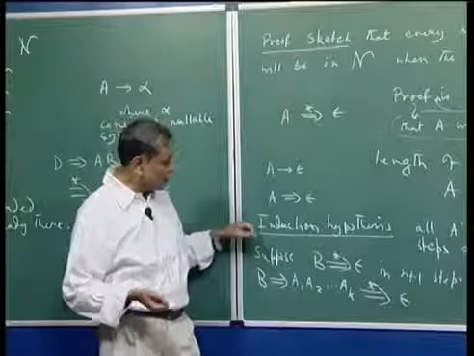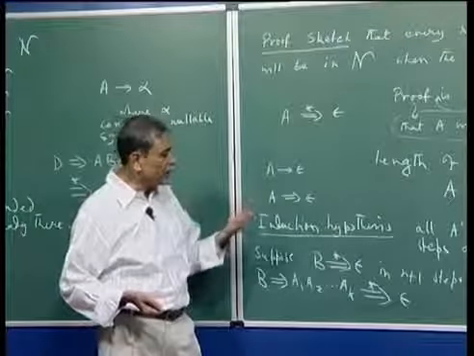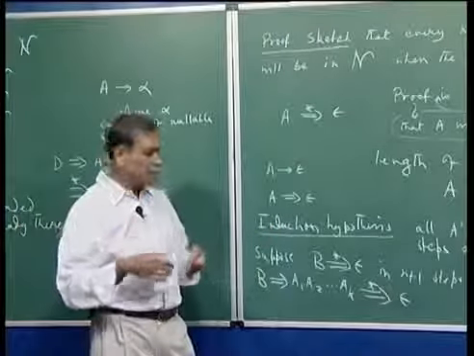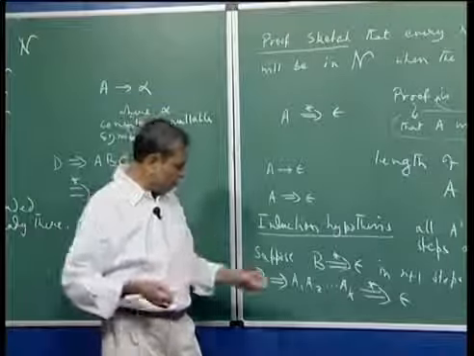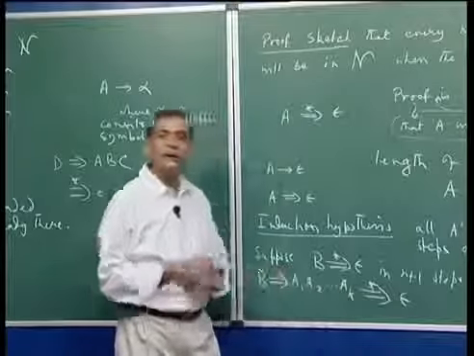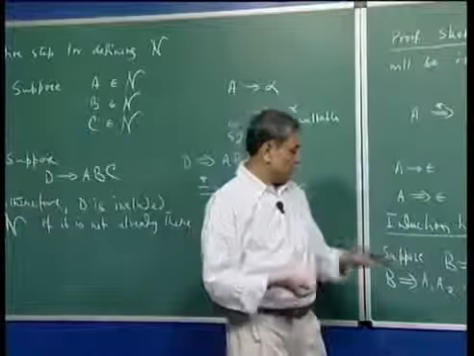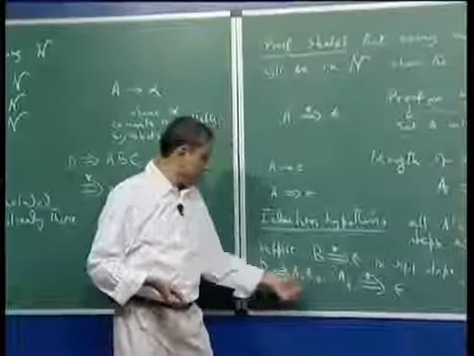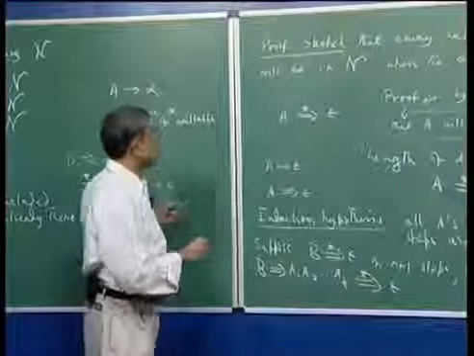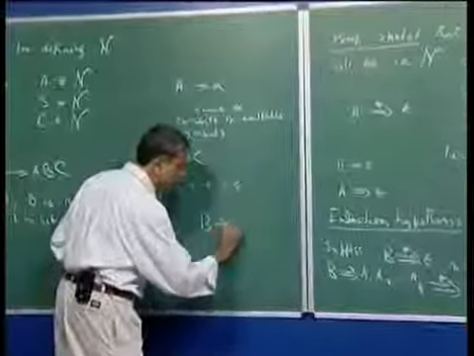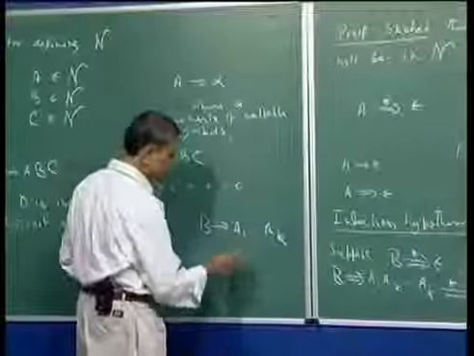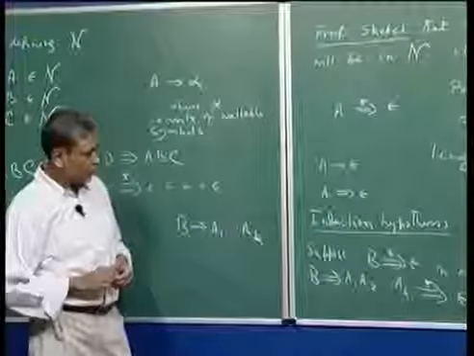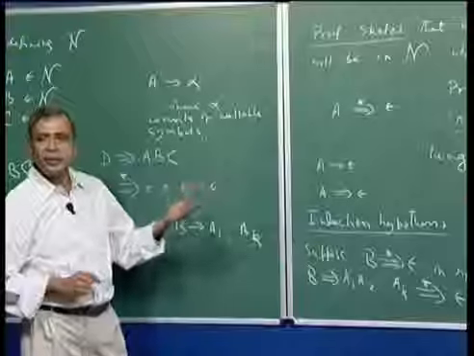Therefore, by induction hypothesis each of these Ai's will be already there in N. So, in our algorithm to identify all non-terminals which are nullable, there will be a time when, when I examine this particular production, after we have identified A1 through AK are in the set script N, then clearly we will add B also.